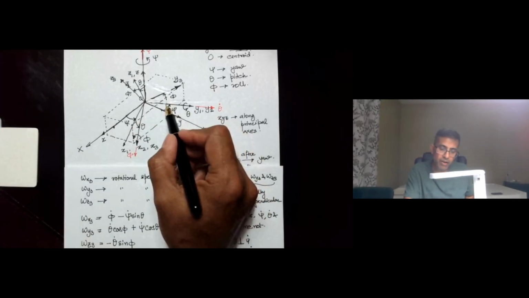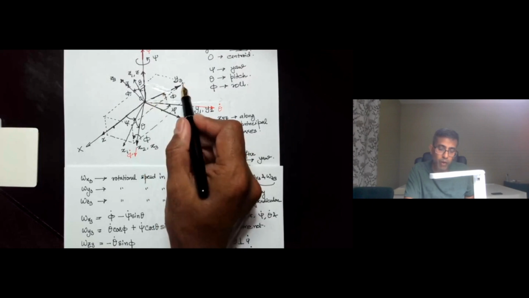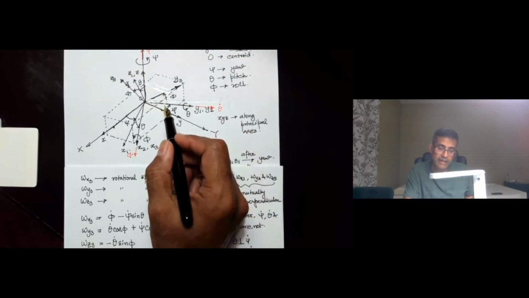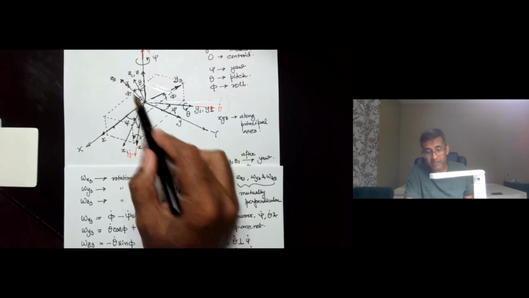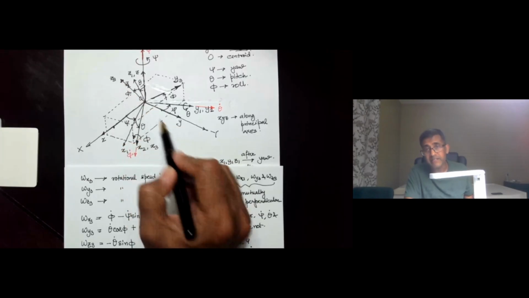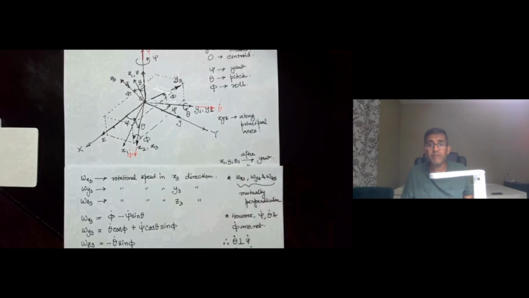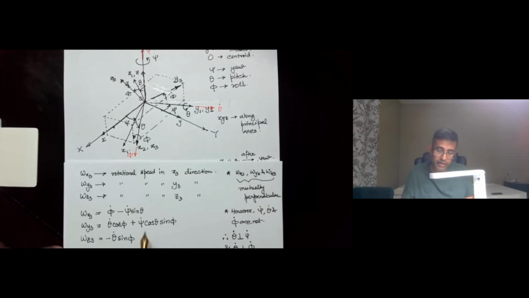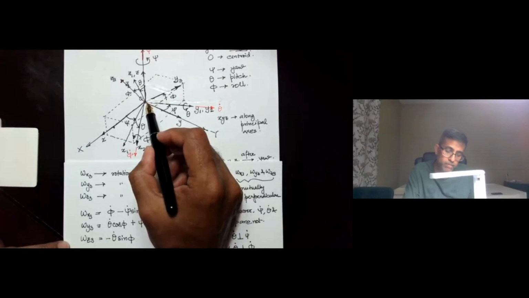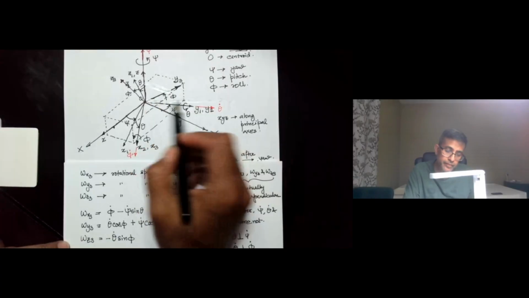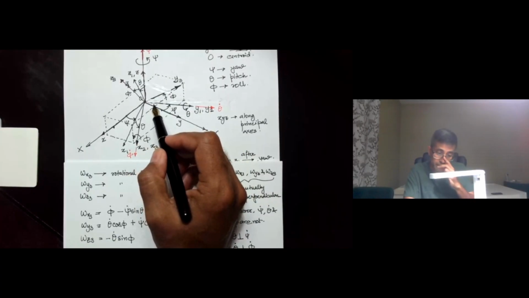So theta dot cosine phi resolves in the y3 direction, and theta dot sine phi resolves in the negative z3 direction, and so we will have negative theta dot sine phi. So that is one component.